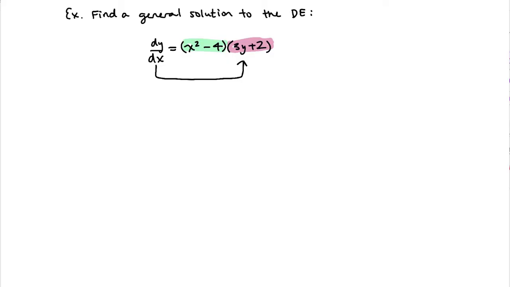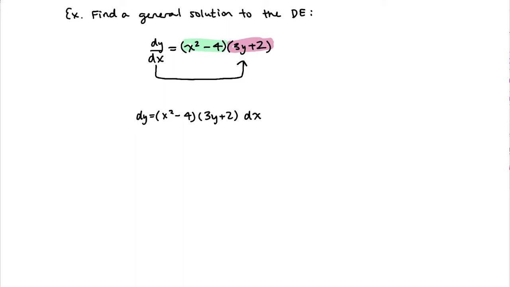So I always recommend rewriting your y prime as a dy over dx because the notation lends itself really well to this solution technique. So I multiply both sides by dx. I get dy equals (x squared minus 4) times (3y plus 2) times dx.